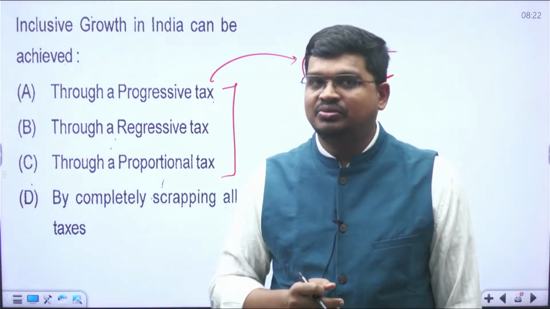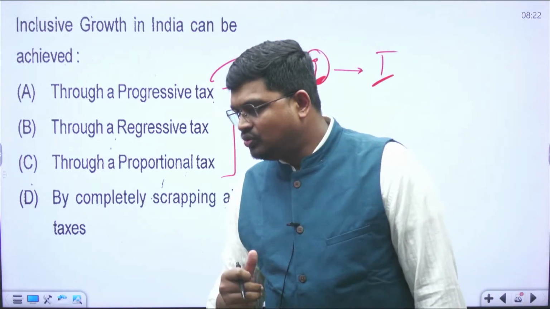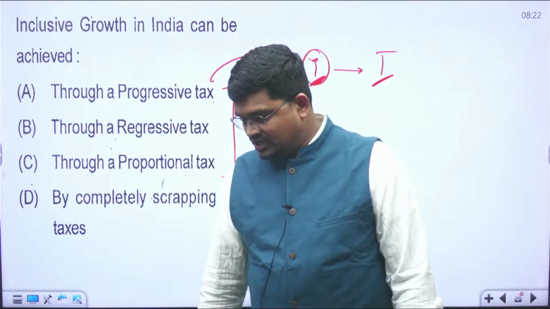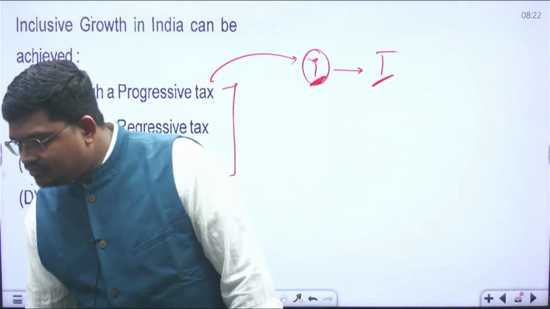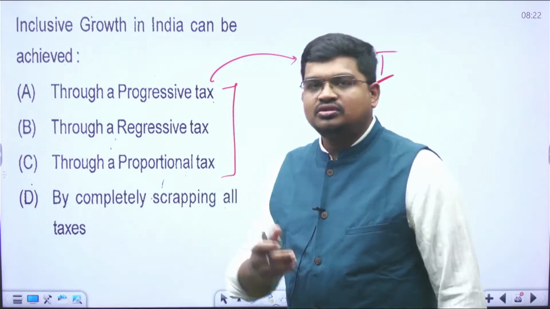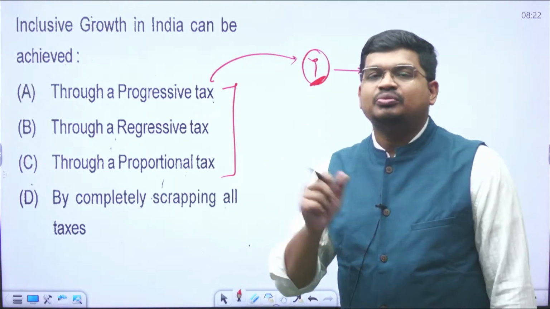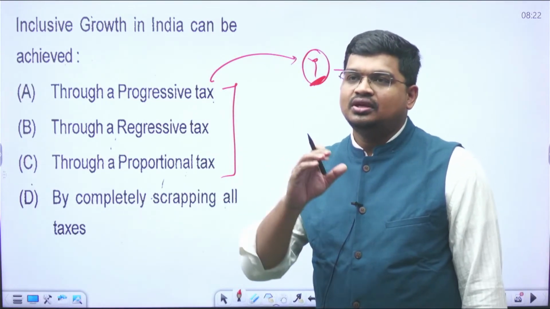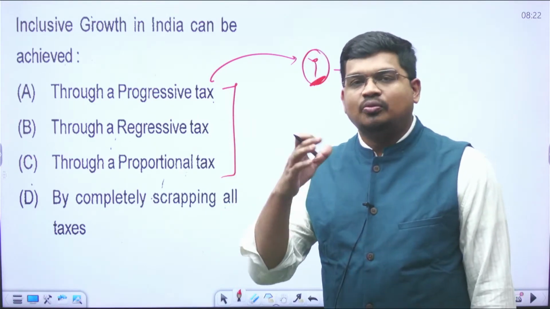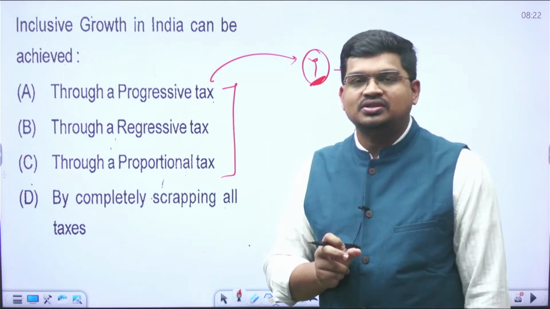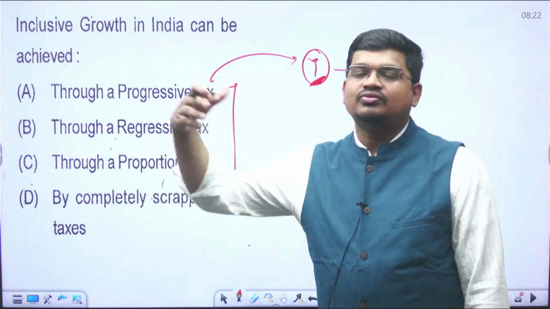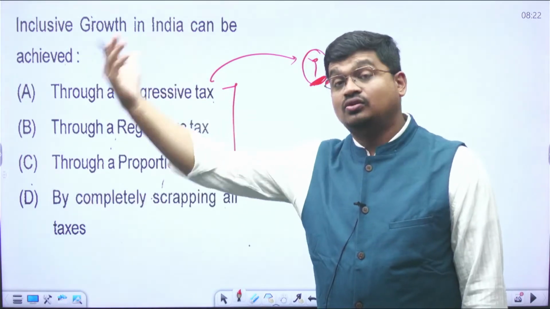Example, you can ask me, sir, what is the example? Suppose in progressive tax we can say income tax. As income keeps increasing, the tax rate also keeps increasing. In income tax, we see tax brackets are decided. Suppose up to 5 lakh 1% of tax, up to 10 lakh another percentage of tax, up to 15 lakh, or 20 lakhs, 1 crore per annum.